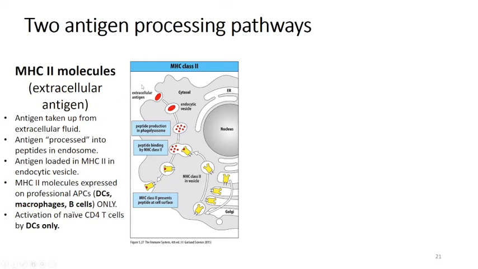They take up extracellular antigen into the cell, and it's broken down in the endosome by enzymes, breaking it down into peptides. At the same time, these MHC class 2 molecules are being produced inside the cell. They make their way up through the Golgi, break loose in transport vesicles, and then fuse with the same compartment containing the peptides. Then the peptide will bind to the peptide binding groove, and this is displayed.